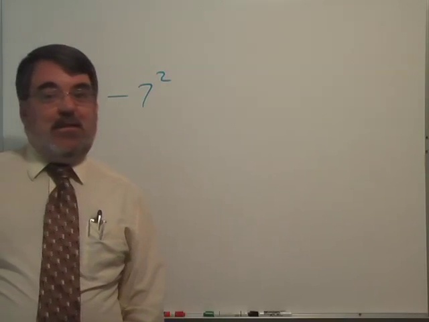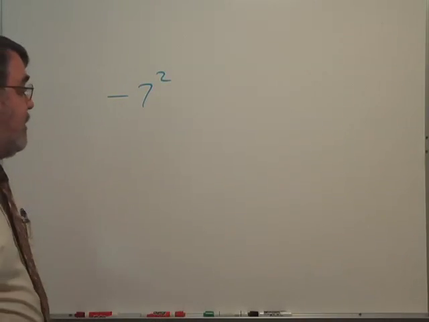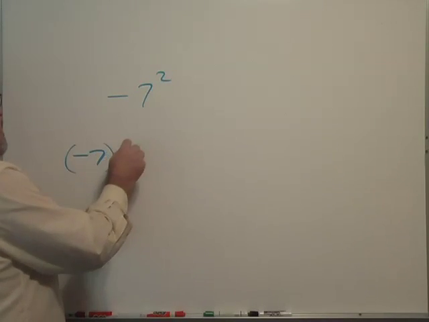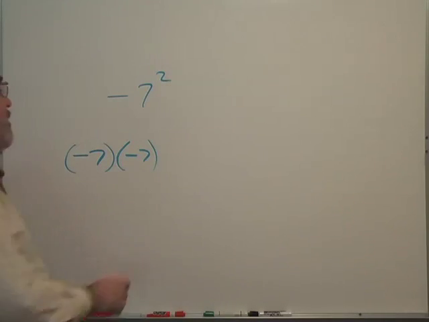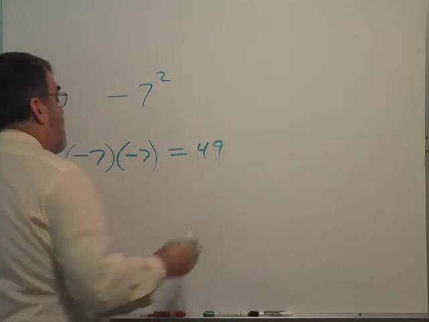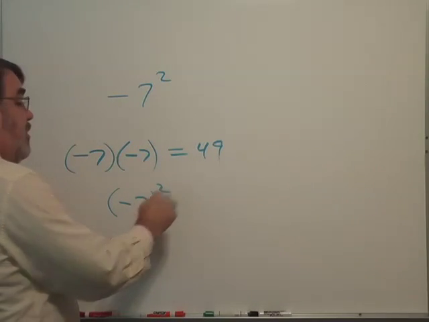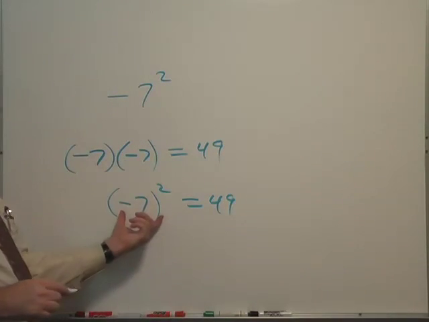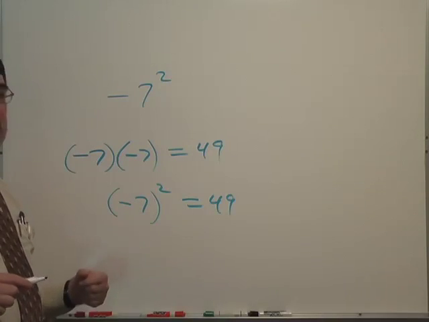Yes, and I do know that 7 times 7 is 49, and negative 7 times negative 7 is 49. So let's think about that. If we had negative 7 times negative 7, the negatives cancel, we would get positive 49, wouldn't we? And wouldn't this be the same as negative 7 in parentheses, squared? Because I'm repeating this multiplication of these two parentheses, it's the parentheses squared.